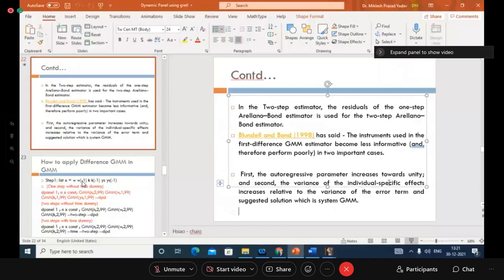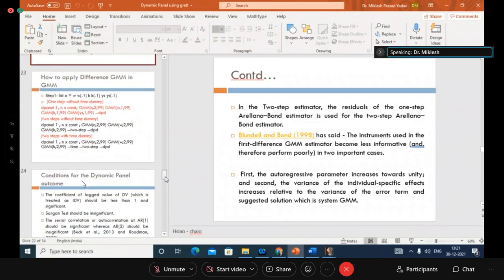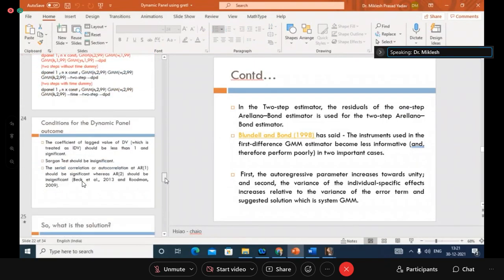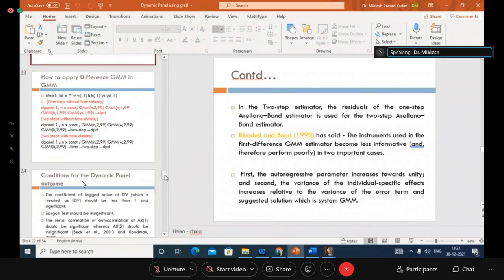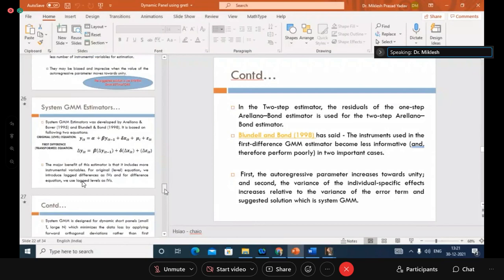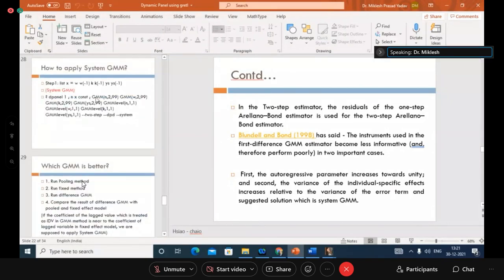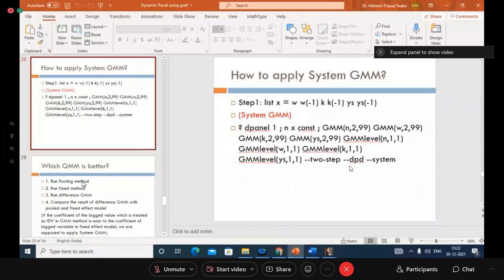So now let's talk about how to apply system GMM. And by the way, Arellano-Bover/Blundell-Bond method is nothing but what? System GMM. So how to apply? Let me talk about system GMM. Okay, this is the command. It means, what will I do?